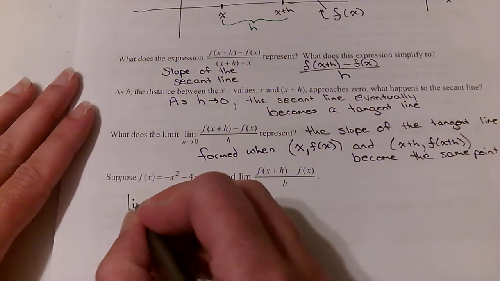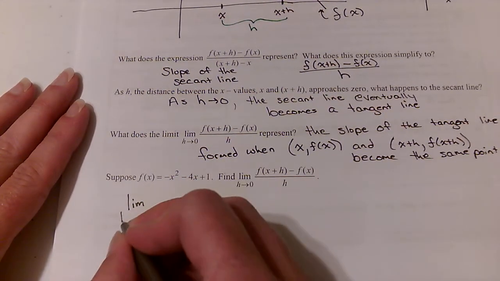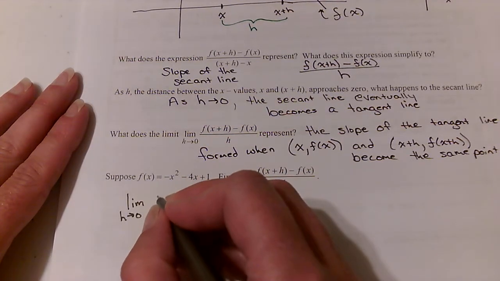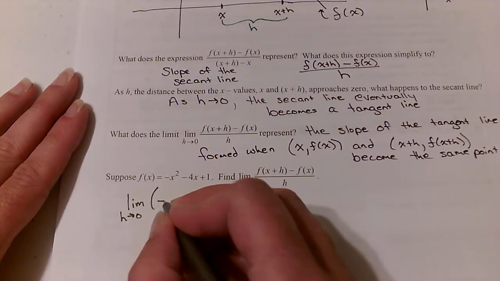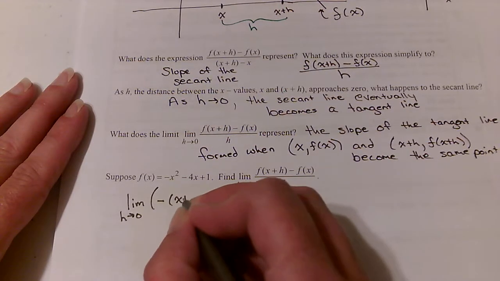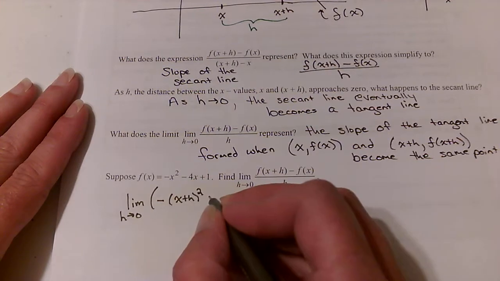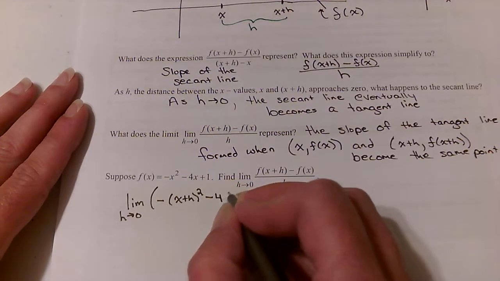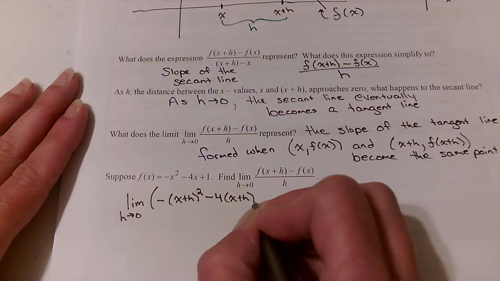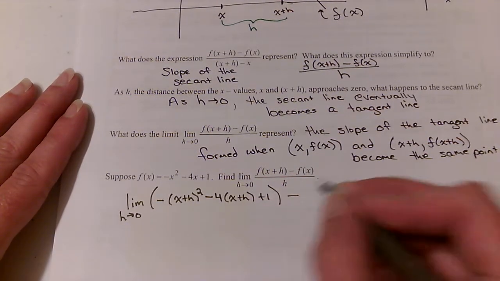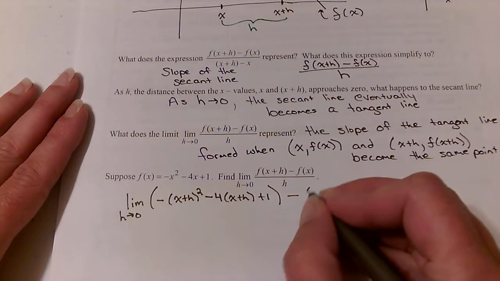So we have the limit as h approaches 0 of, so we have negative x plus h squared, because we're plugging in x plus h for x, minus 4 times x plus h, and then plus 1, minus our original f of x.